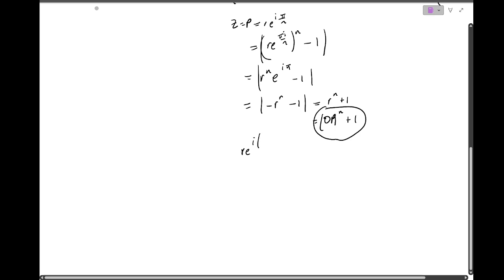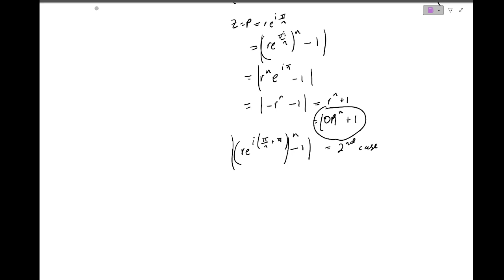So if we tried this, okay. Wait, sorry, this should be to the nth power minus 1, right? This is the second case. Whenever we add pi to the argument, it's just going to turn the whole complex number negative.